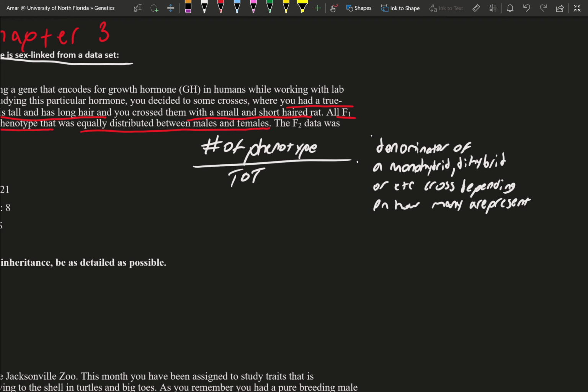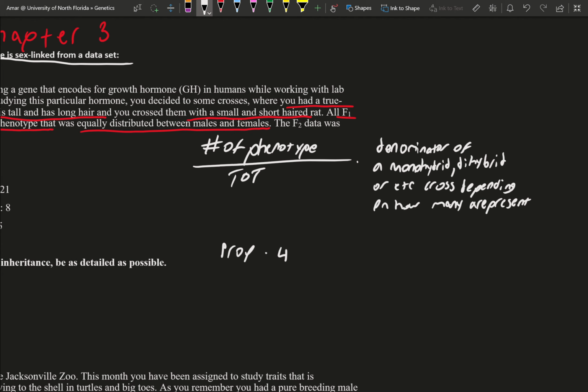So basically what I mean by that is, let's say we're getting a particular proportion. If we suspect that there's one gene involved for a particular cross, we would multiply it by 4, because 4 is the denominator of a monohybrid cross. And that'll give us a ratio.